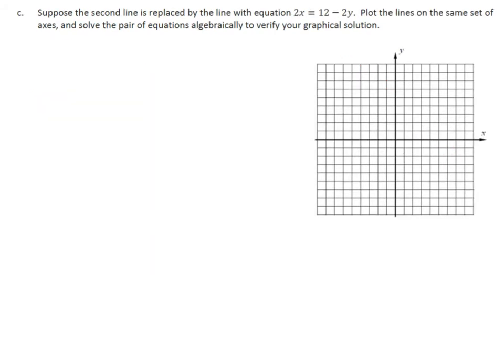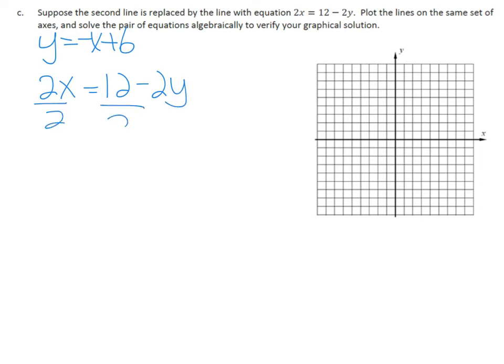In part C, we're going to replace our second line with 2x is equal to 12 minus 2y. So let me rewrite our first line again. We have y is equal to negative x plus 6. And my other line is 2x is equal to 12 minus 2y. Since they all share a 2, I can divide out the 2, and I get x is equal to 6 minus y.